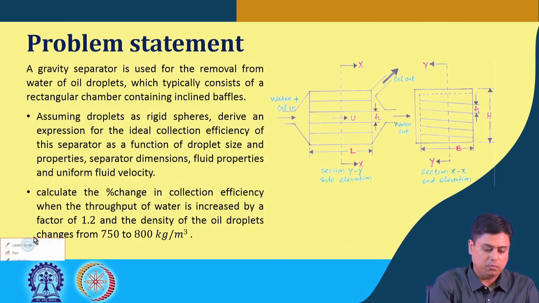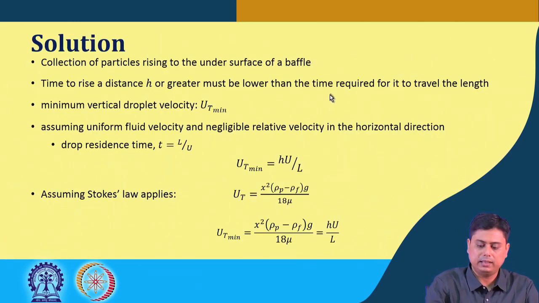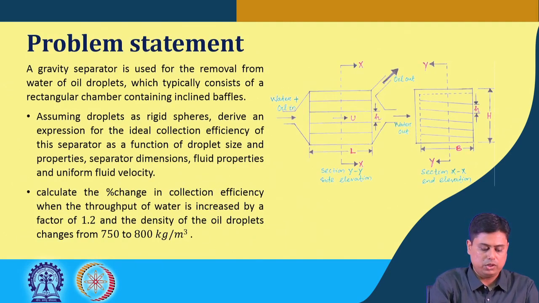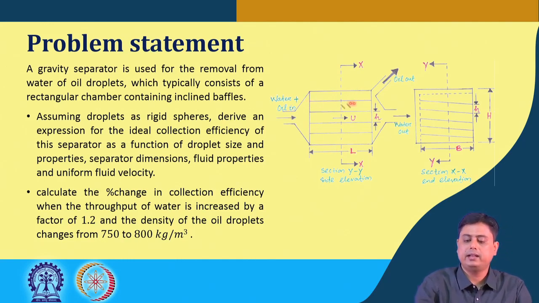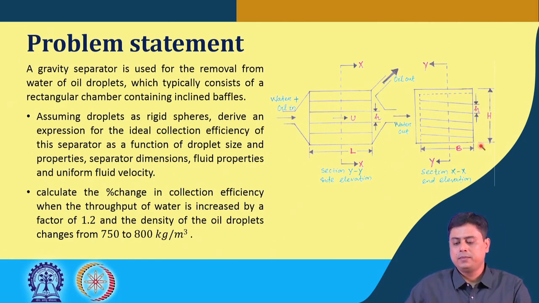So inclined plates are there. This is your rectangular chamber, and inside there are baffles. This is a side elevation view and this is a cross sectional view at the exit.